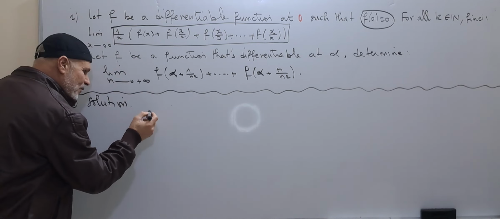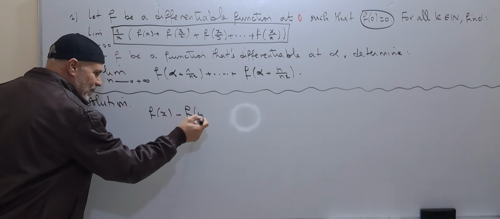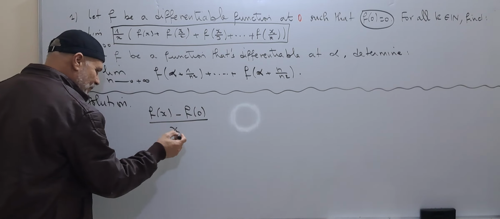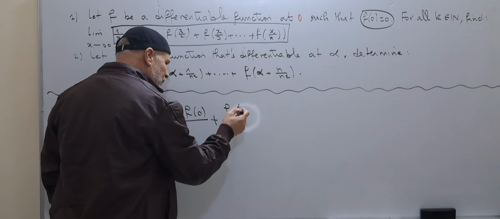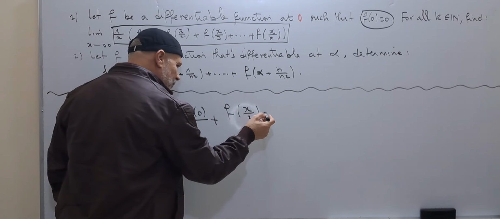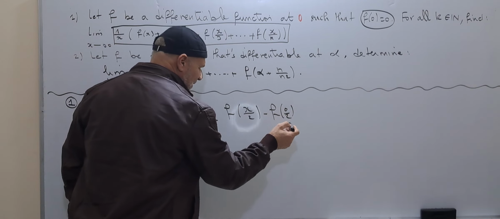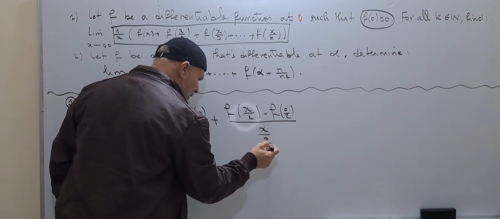So we have f of x minus f of 0 over x, plus f of x over 2 minus f of 0 over 2 over x over 2.